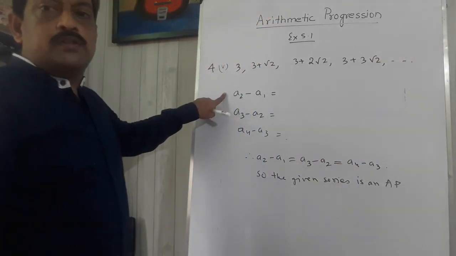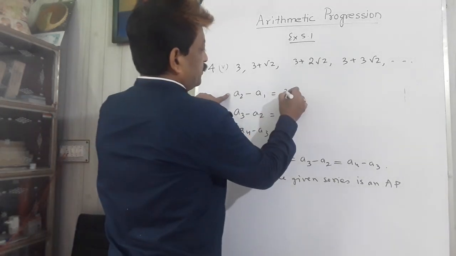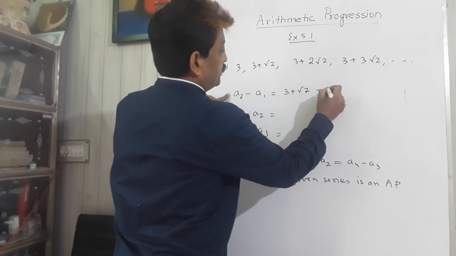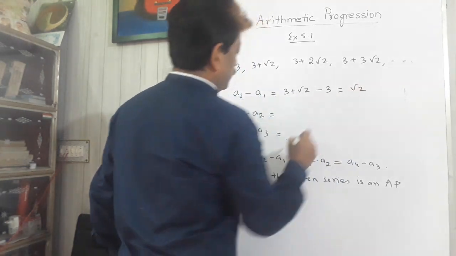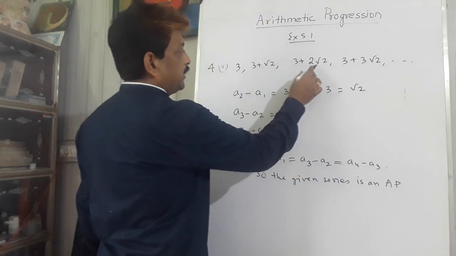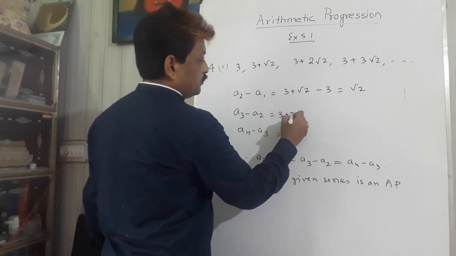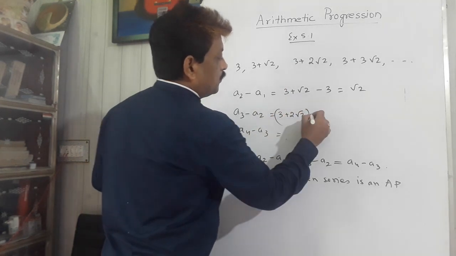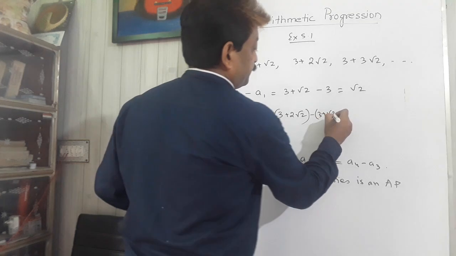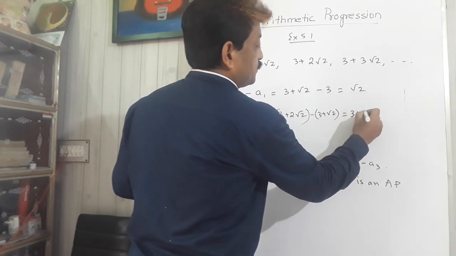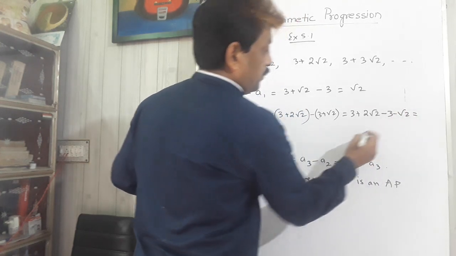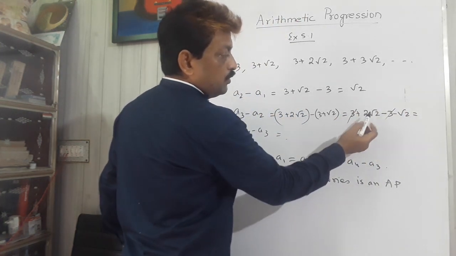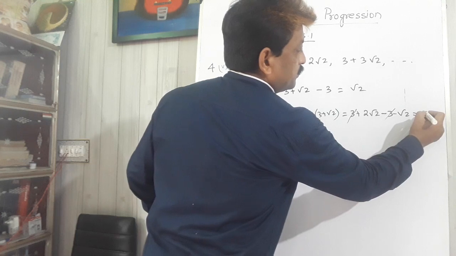So let us find out these differences. A2 minus A1: 3 plus root 2 minus 3. Here 3 will be cancelled, it will be root 2. Now A3 minus A2: 3 plus 2 root 2 minus 3 plus root 2, that is 3 plus 2 root 2 minus 3 minus root 2. So this 3 will be cancelled. 2 root 2 minus root 2, that is root 2 only.